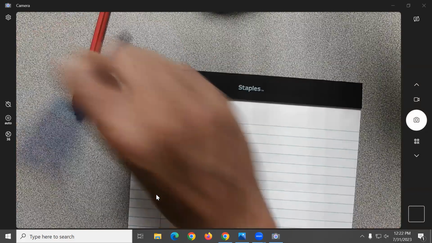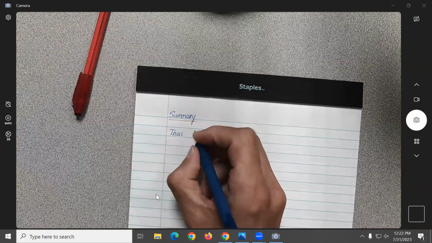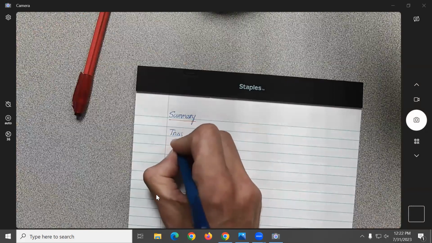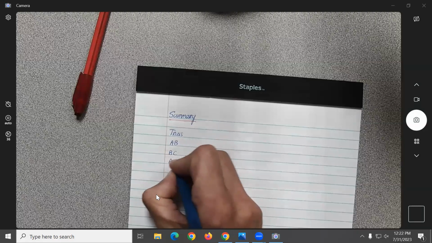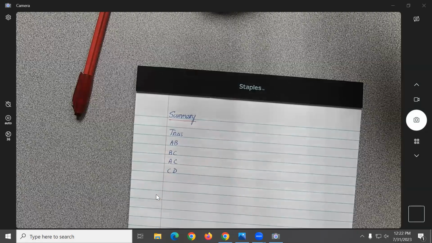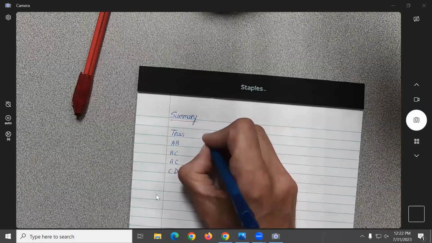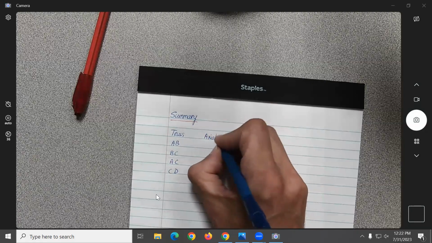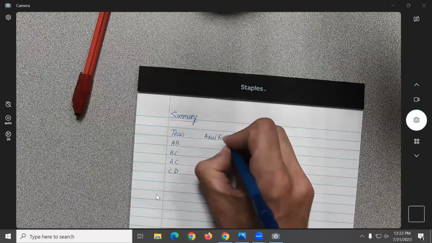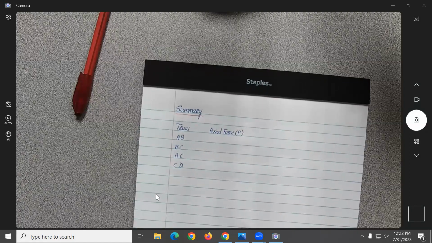I'm going to put here truss members: AB, BC, AC, and CD. Here I'm going to put the value of the actual force P on each member. So what do we find for AB?